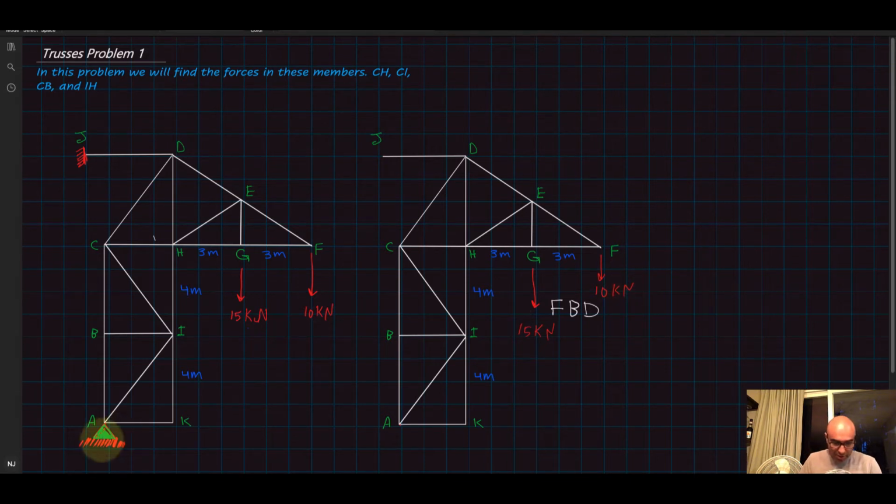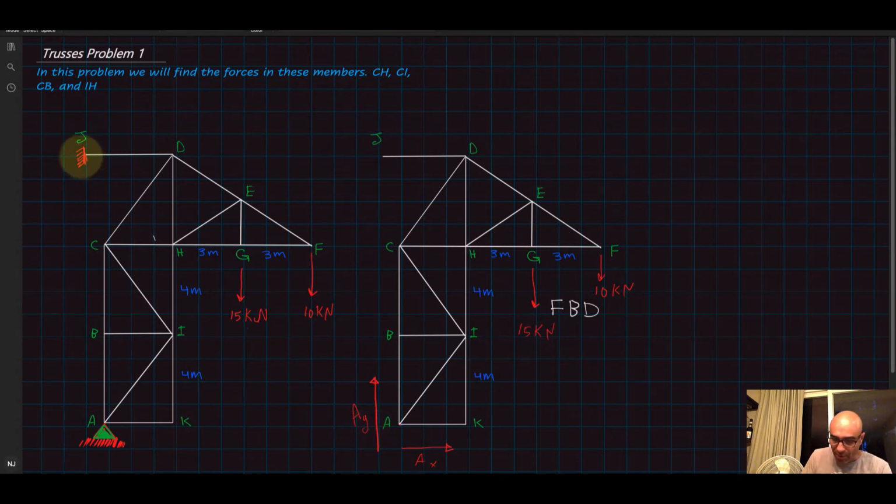Well, this is solid connected to the ground, so it can't move left or right or up or down. This means we can assume there are two forces acting, one in the x direction, which I am going to call AX, and the other in the y direction, which I'm going to call AY.